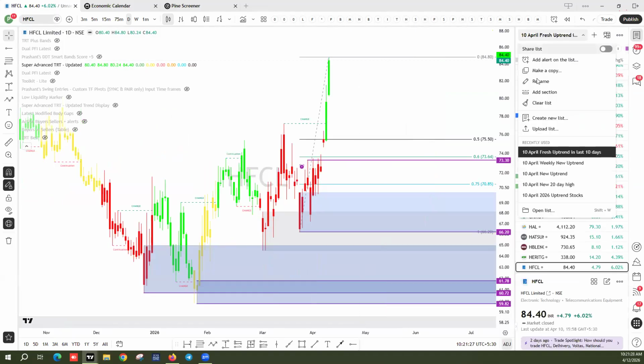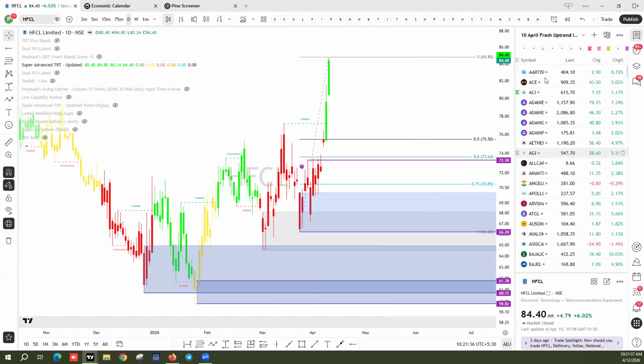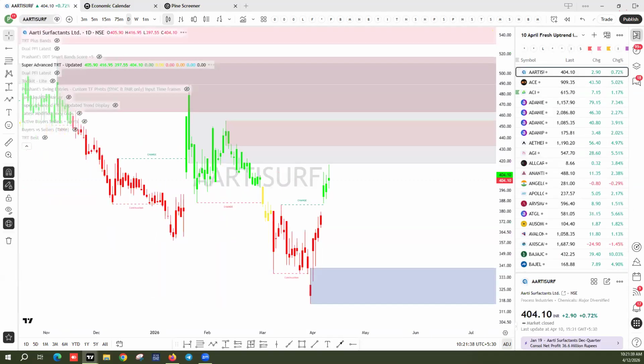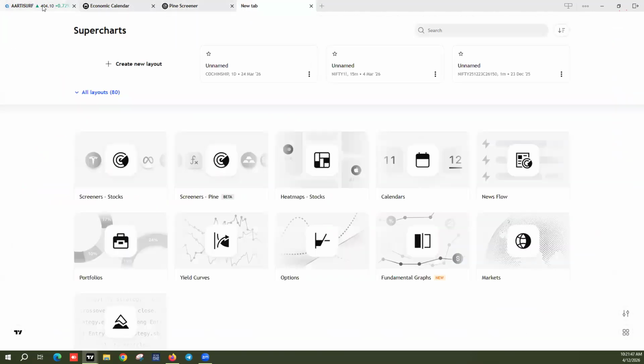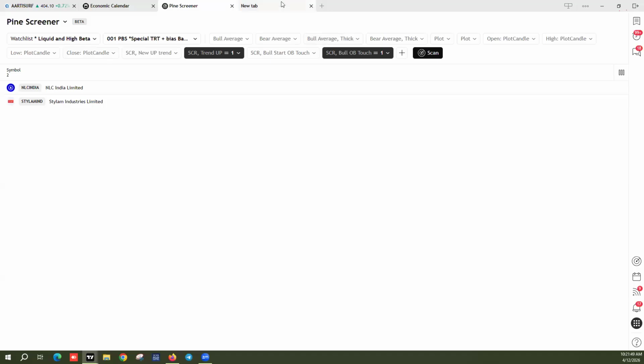Then we have new uptrend stocks. We have checked the weekly uptrend last 10 days. This is the list which we were checking. So there is one more screener which I use. I'll have to search for that screener. I'll save that again.